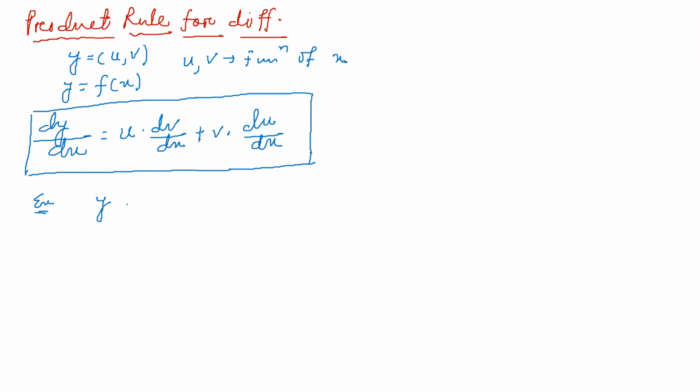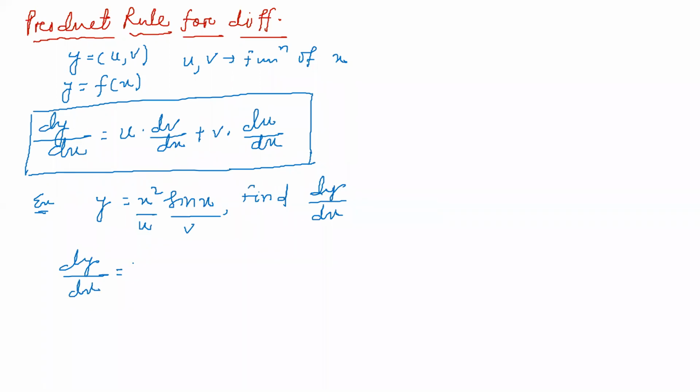Let y is equal to x squared sine x, and it is asked to find dy by dx. हमें dy by dx निकालना होगा. So for that, let this be u and this function be v. dy by dx means you keep u fixed, x square, times d by dx of sine x. You know the direct differentiation of trigonometry we did in the last class.